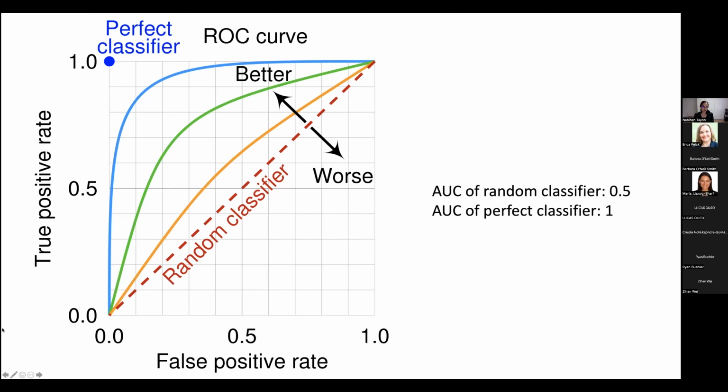It's the unit square, and then it's half of it, so it's 0.5. The AUC of a perfect classifier, going along the axes, is 1. So most AUCs are between 0.5 and 1, and the closer you are to 1, the better it is.